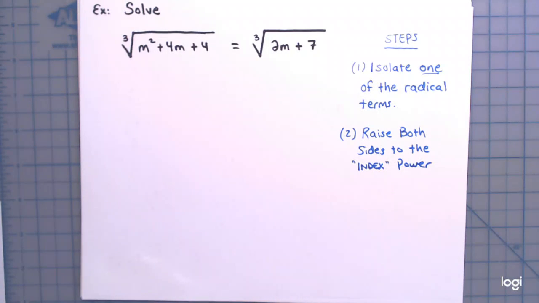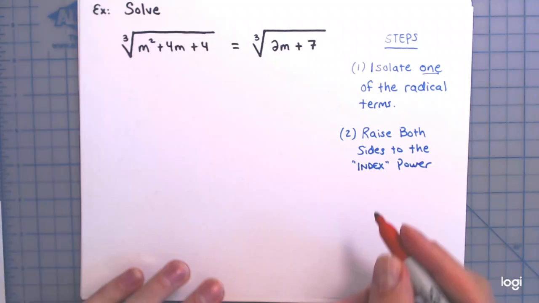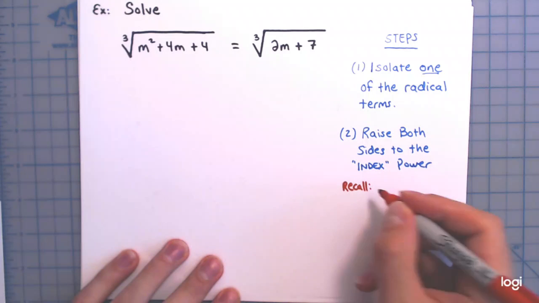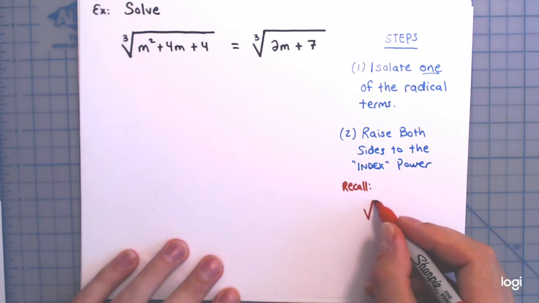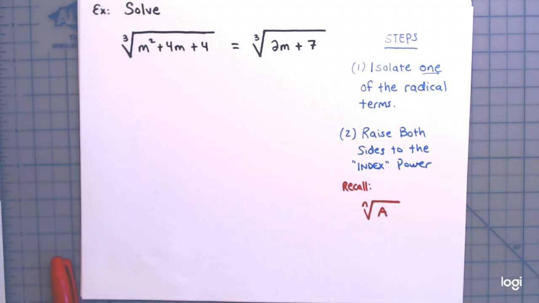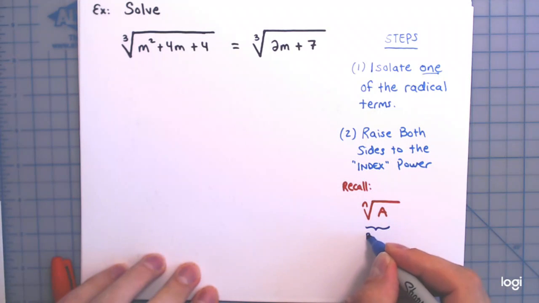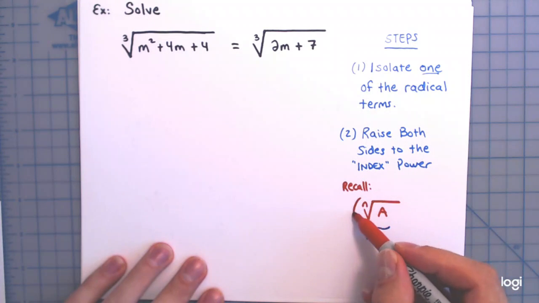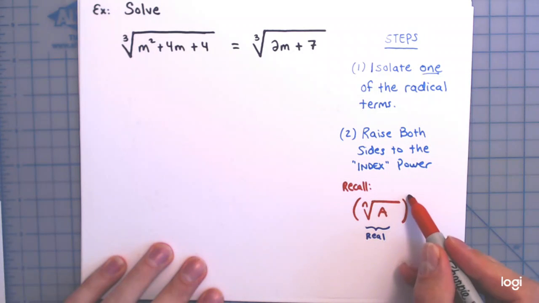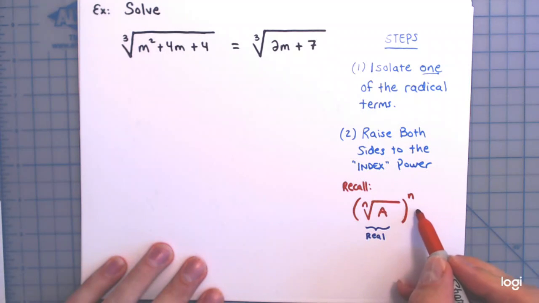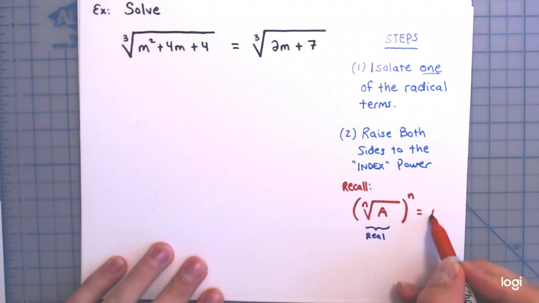In order for us to do this, we have to remember what happens when I raise an nth root to an nth power. I think I put this up last video. If you take an nth root of some number a, as long as this is a real number, as long as this isn't like the square root of a negative, and I raise this nth root on the outside to the nth power, basically the nth root and nth power undo one another, and I'm left with the radicand, just a.